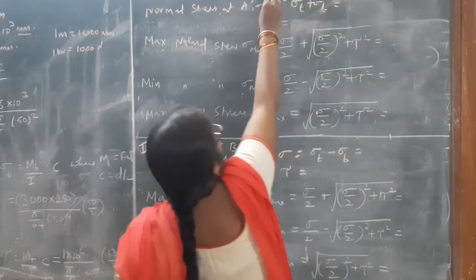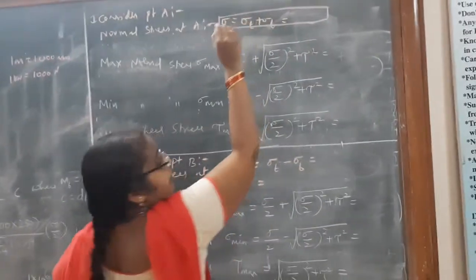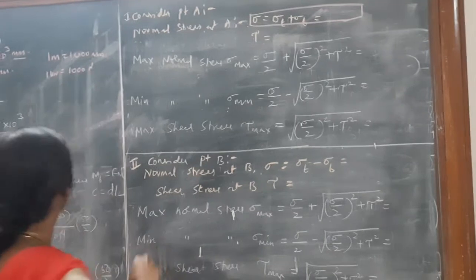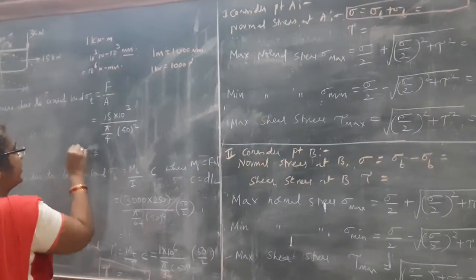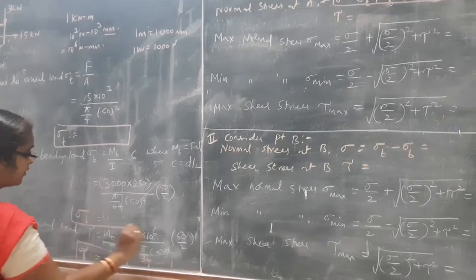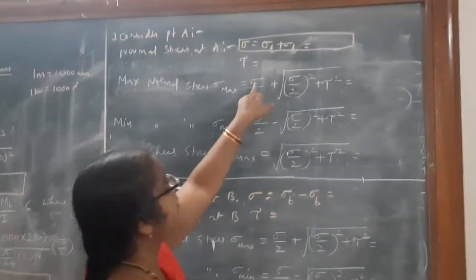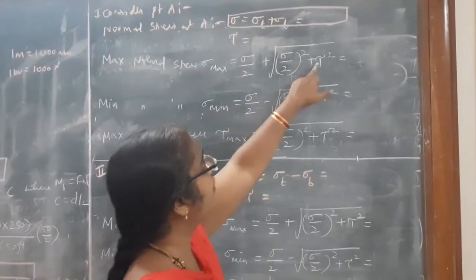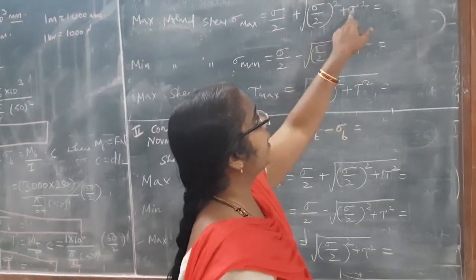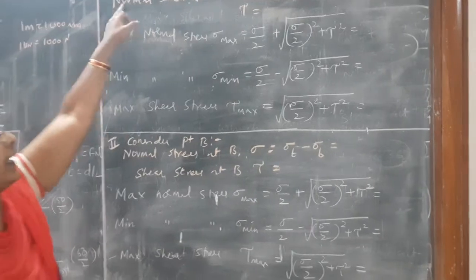The value of sigma is obtained by adding sigma T plus sigma B, which we have calculated here. Substitute sigma and tau, and you will get the maximum normal stress at A.